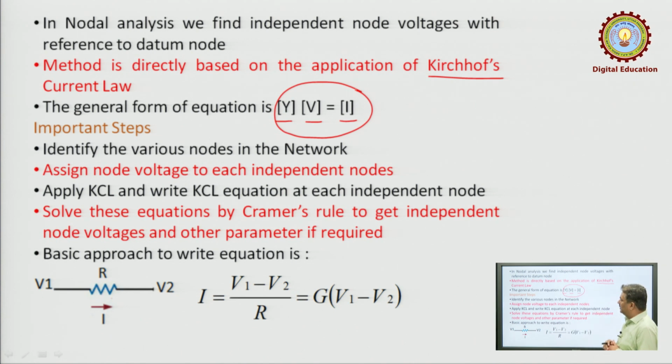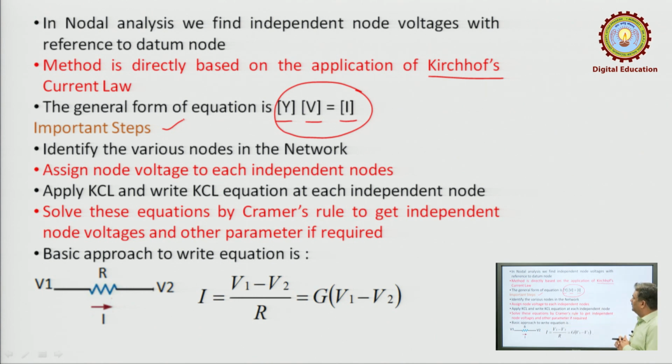Now, we will discuss the important steps we are going to consider in nodal analysis. The first step is to identify the different types of nodes in the network. First, we will identify the reference node, the independent nodes, and the simple nodes.